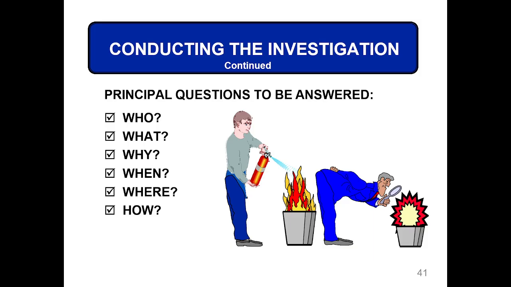So those are the 5 W and the H. Someone tells you what are the 5 W and H of root cause analysis. If you see this kind of question, this is root cause analysis. Who, what, why, when, where, and how. The 5 W and H questions for root cause analysis.